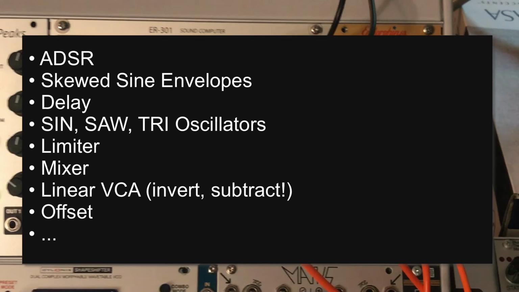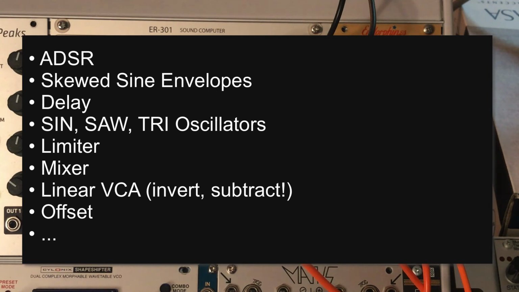Let's see here. So the other thing I wanted to do is just review the units that we've used here. So we've used the ADSR, the skewed sine, the delay. We used one of the oscillators, but you could obviously use any of the oscillators that are there. We've used the limiter, the mixer. The linear VCA, I just wanted to call this one out.